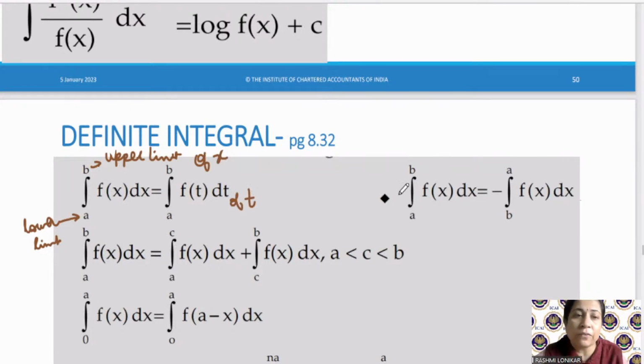Now, what are the different properties? Integral of a to b f(x) is equal to minus integral of b to a of f(x). So if I go from a to b, I get a certain value of the integral, but if I go from b to a, the value will remain the same, but the direction is going to change. So that plus becomes minus. Okay.